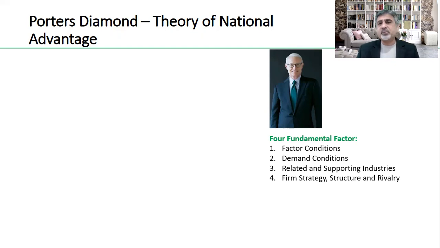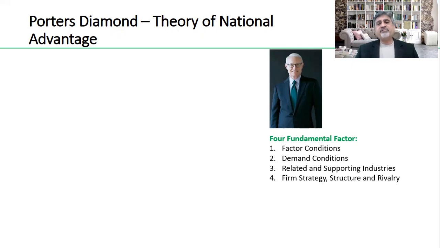They have institutes, they have research centers, and therefore it puts them in a position to advance in the field of medical research. So that is an advanced factor condition. But then within medical science, there are again specialized areas. For example, you can think about neurosurgery. You can think about some optical devices which they are making. So that goes into specialized factor conditions.